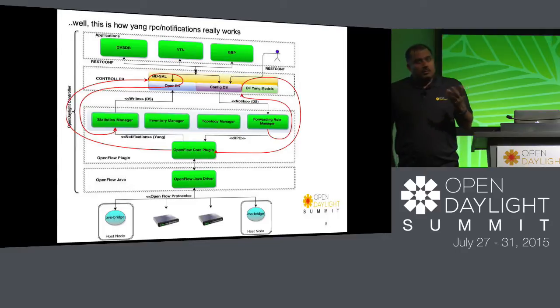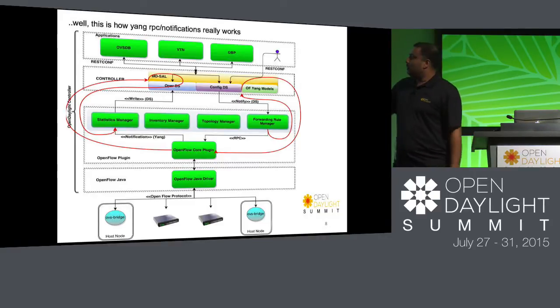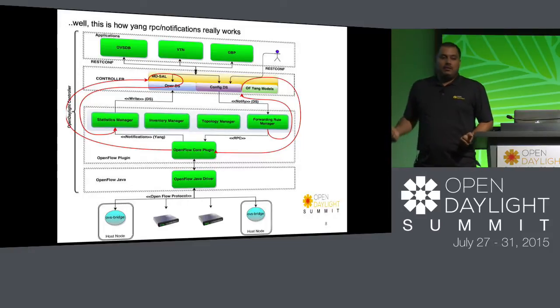So success is basically, the switch doesn't say anything, right? It's a success, okay, it's done. You verify it by the operational data store, because once you fetch that data from a switch through the statistics manager and put it into the store, that way you know the flow is successfully installed. If it fails, we don't really have any notification as of now, but these are potential items which we are planning for the next release, because they increase the usability of the plugin.